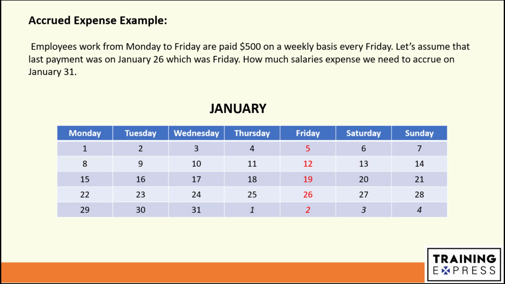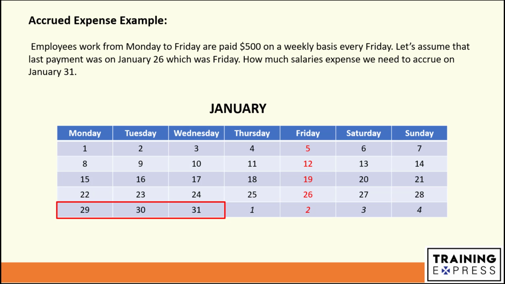Now if we have to record this transaction, or the expense accrual, on January 31, how can we record it? Note that in the last week, employees worked on Monday, 29th of January, Tuesday, 30th of January, and Wednesday, 31st of January.